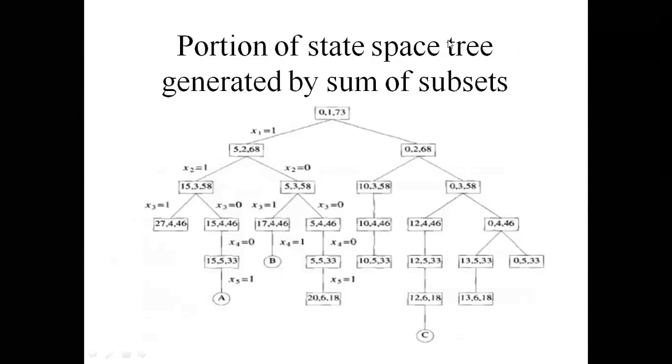So the portion of the state space tree generated by sum of subsets. Suppose we have initially 0, 1, 73 total. This one is the total. x1 equal to 1 means the first one is included. x2 equal to 1 means the second one is included. x3 equal to 1 means the third one is included.